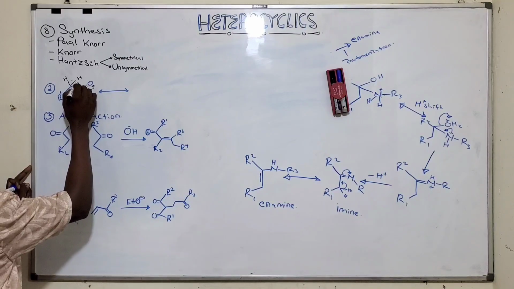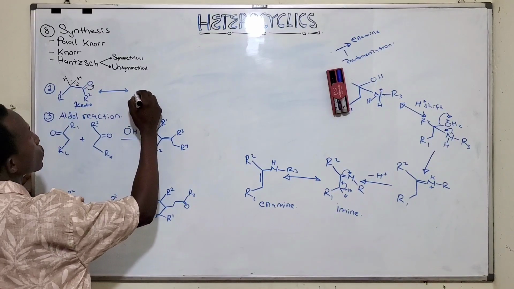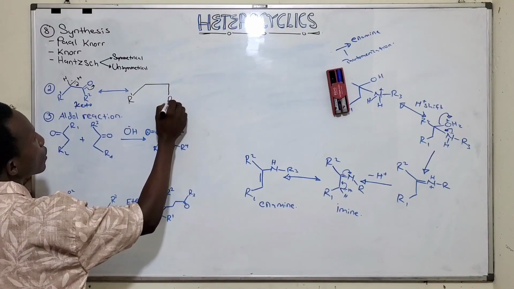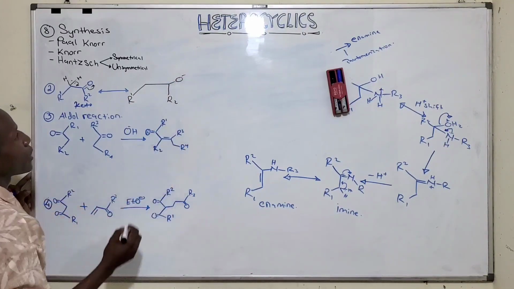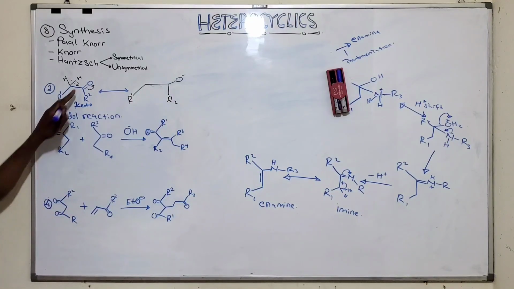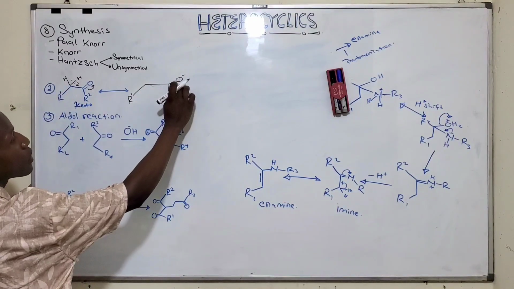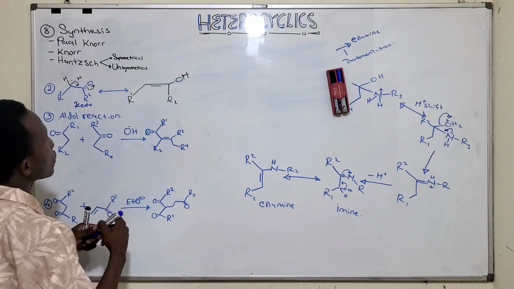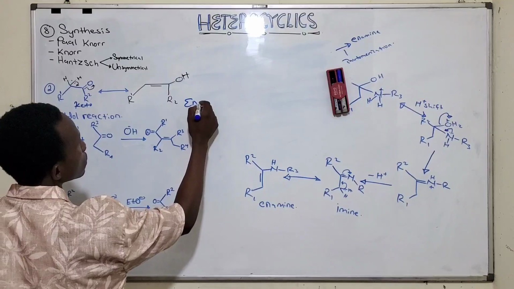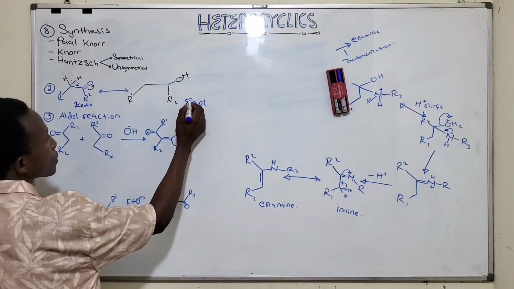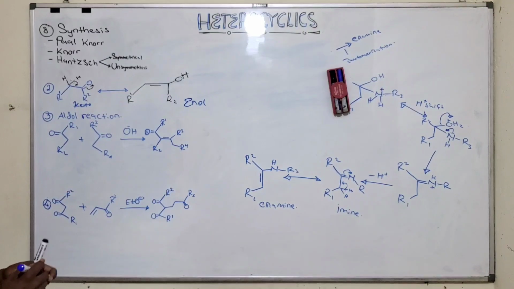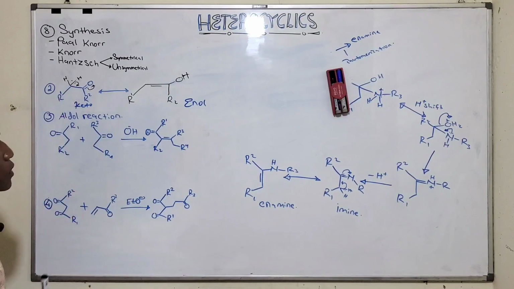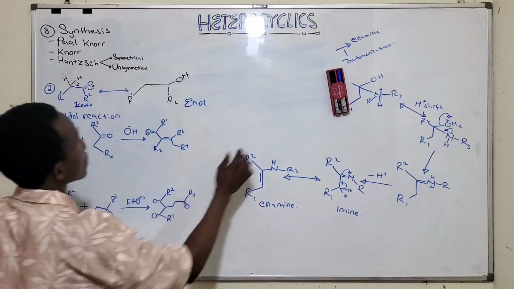Then we shall lose one of the hydrogens, form a bond there. So we shall have this R1. We have R2. Then we have O minus with a bond. And this hydrogen can be taken by this very oxygen atom and form this. So this is keto and this is enol. Enol. So this tautomerization, we shall see them in our synthesis. That's the second reaction.